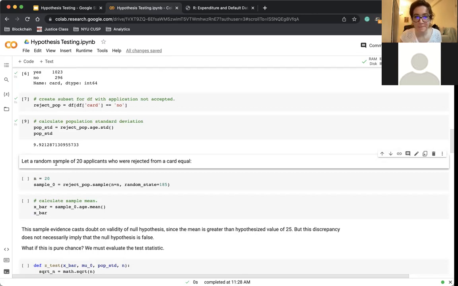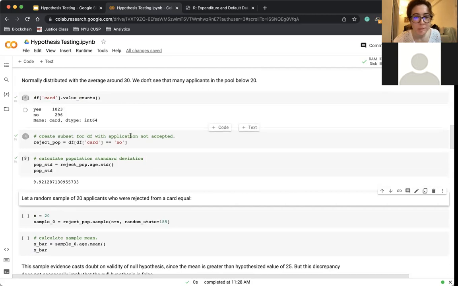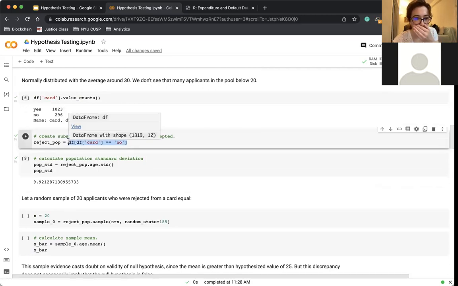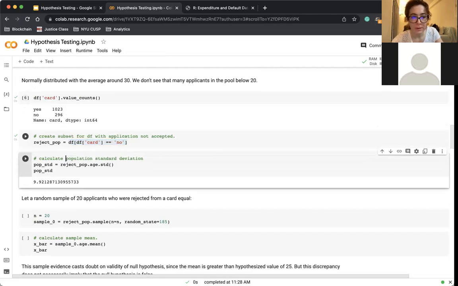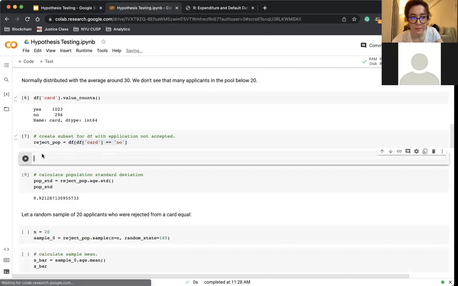Only thing I was a little confused on was the create a subset for DF with application not accepted. So you basically just made it so that the reject pop equals when the DF doesn't equal, when A equals card or something like that.